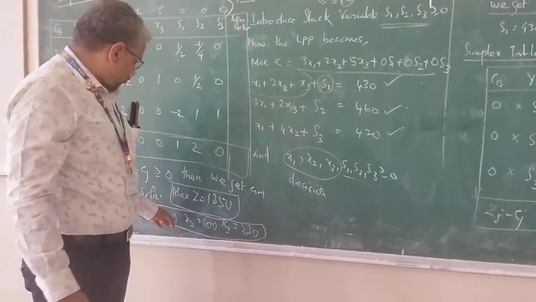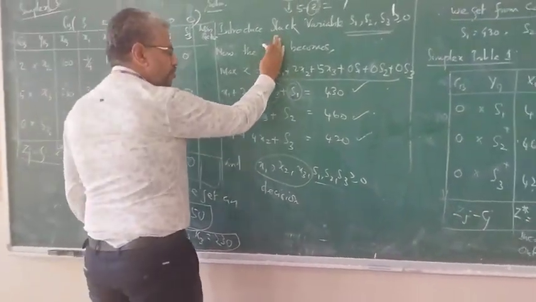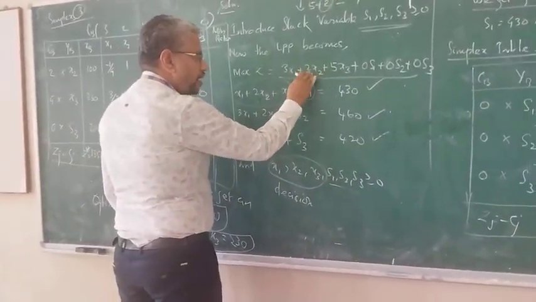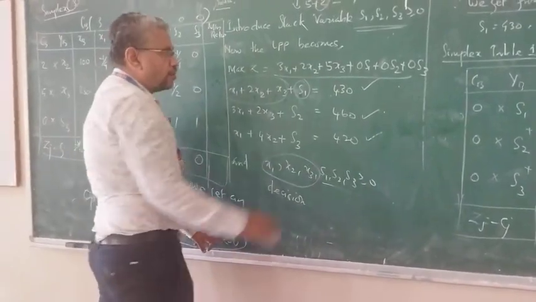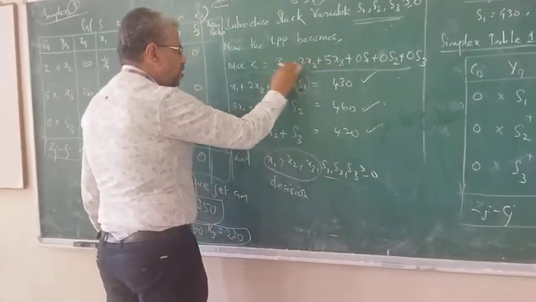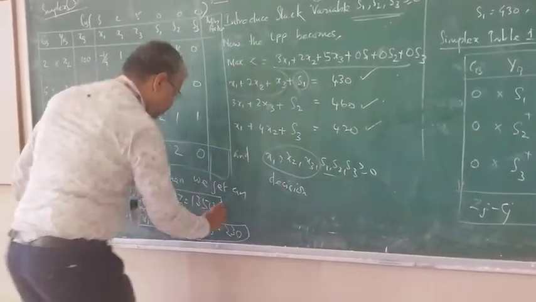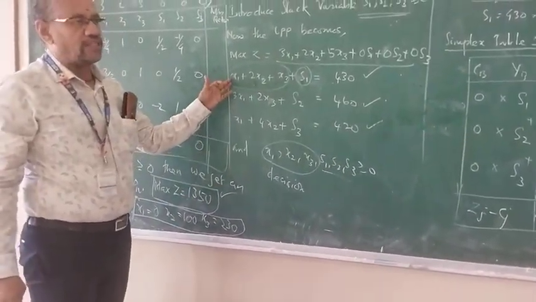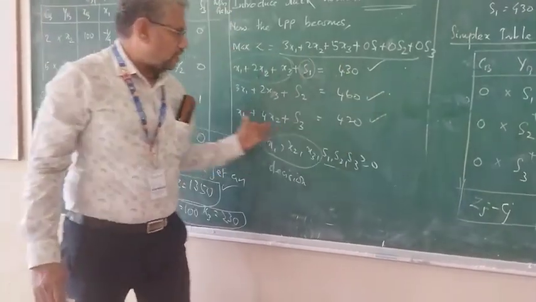So x1 equal to 0, x2 equal to 100, 2 into 100, 200. x3 equal to 230, so 1150. 1150 plus 200 equals maximum Z 1350. So you get it. And also you can check the constraints.